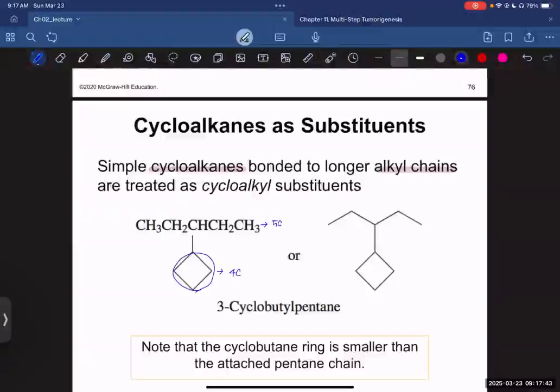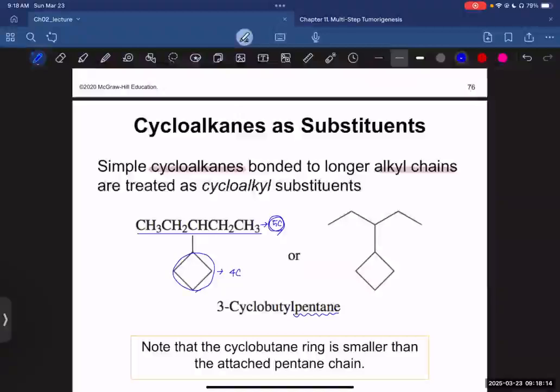We're going to consider the alkane as the family name because it has more carbons. As a result, instead of ending with cyclobutane, we end with the alkane name, pentane, and we consider the cycloalkane as a substituent.